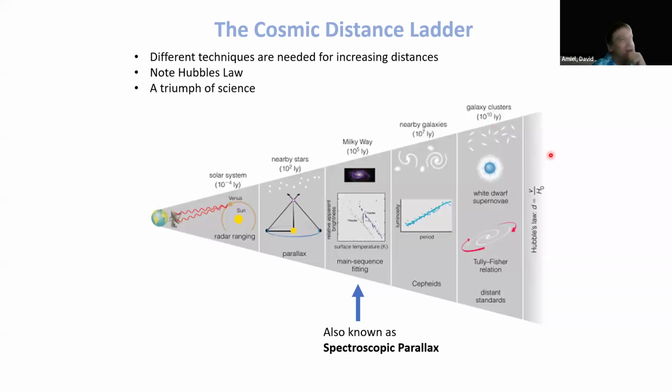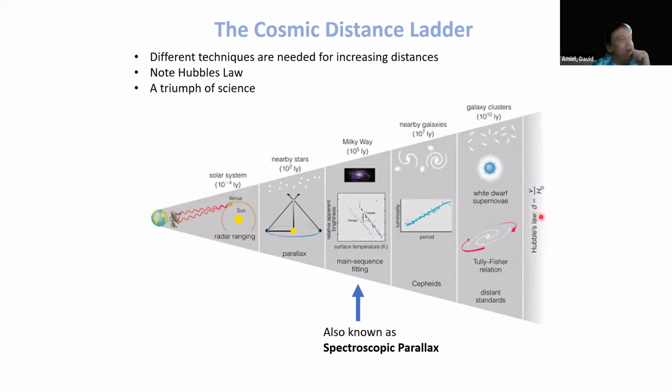And then lastly, but not leastly, we're now at the edge of the observable universe, right? We can see and know distances up to 10 to the 10th, which is 10 billion light years away. And we're kind of at the edge of our technology here.